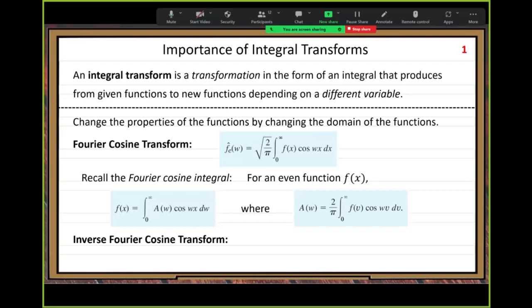Here we put this root of the constant, put the transformed function here, and you see the same kernel function. The nice thing is we use the same kernel function, so we recover the original function.